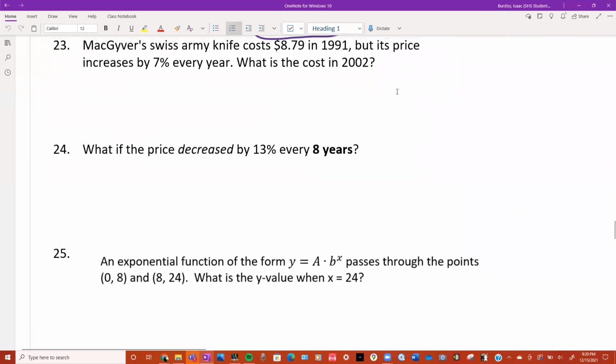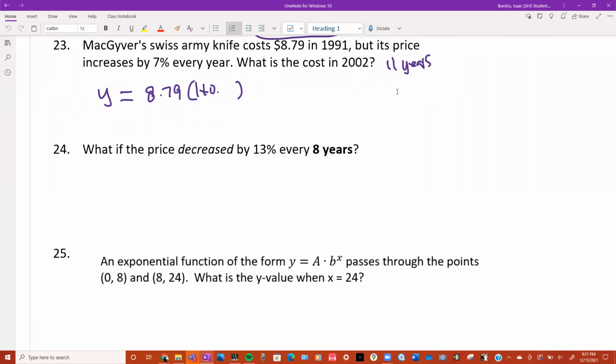MacGyver's Swiss Army knife costs $8.79 in 1991, but its price increases by 7% every year. What is the cost in 2002? 1991 to 2002 is 11 years. So that's going to be our X. But the initial amount was $8.79. The base is 7% each year.